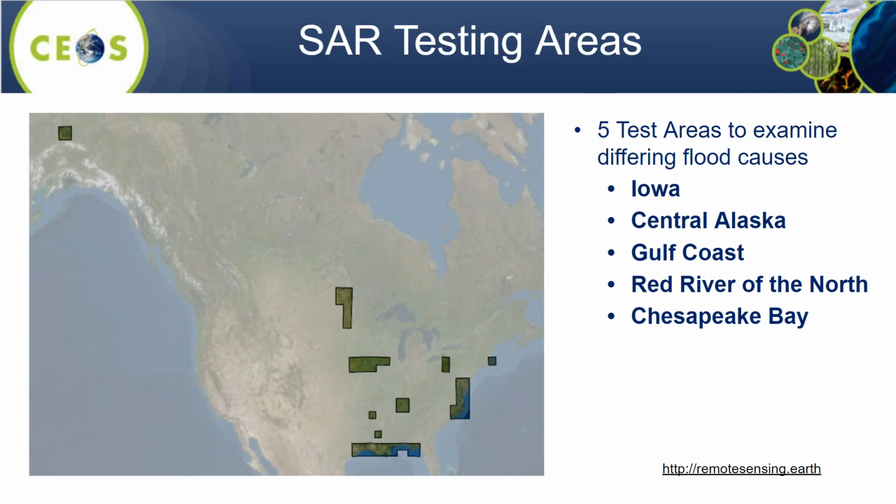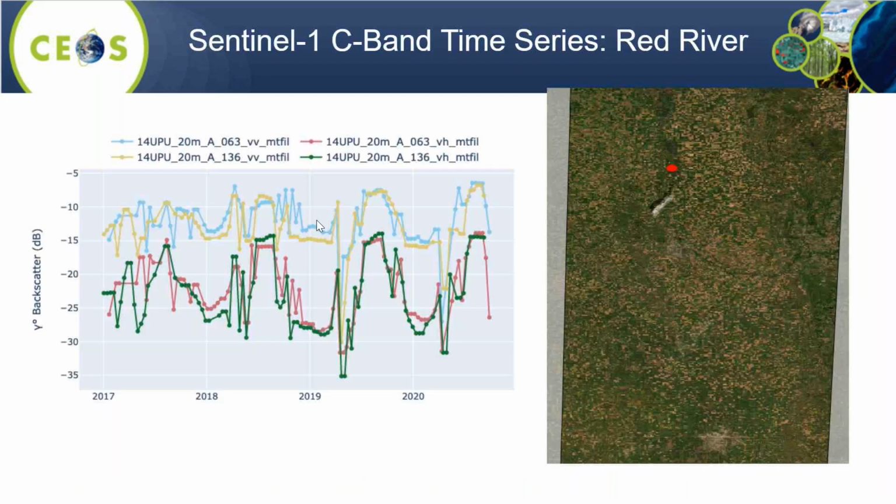So this is some of the 5 test zones that we're evaluating for various projects. The Red River of the North for the CEOS flood, and Chesapeake Bay specifically for CEOS coast. Next slide. You can go to remotesensing.earth and utilize the information yourselves if you want to visualize it.